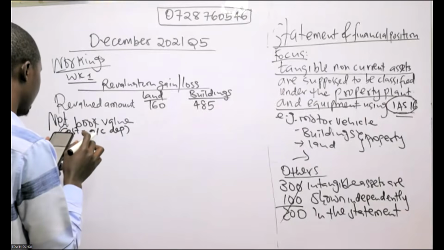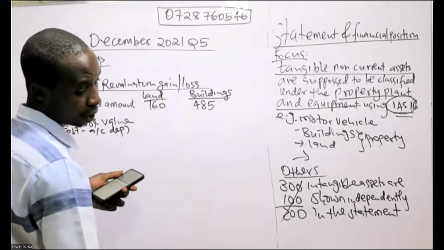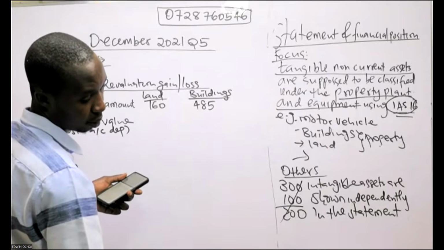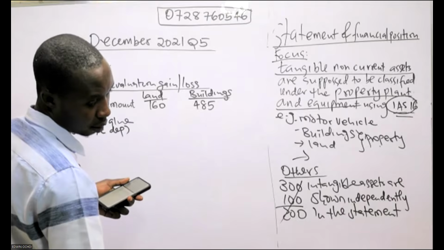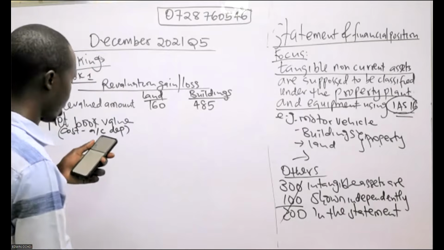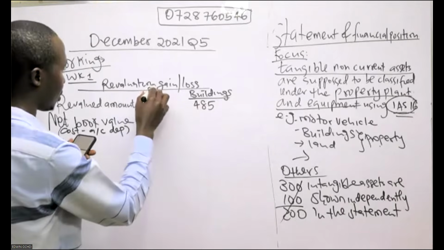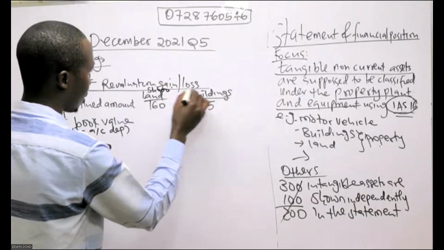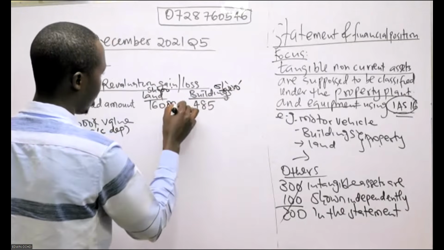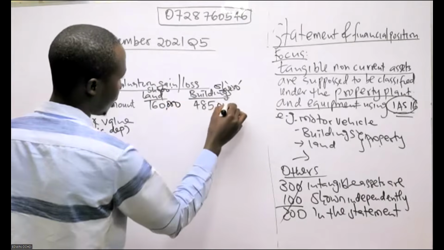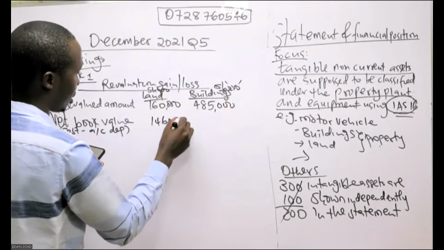From the trial balance, for land you can see they have said property, at 146. So let's put this in thousands. Shillings in thousand. This one was in millions, so this one would be 146,000.